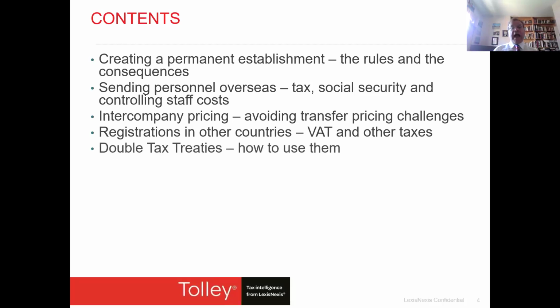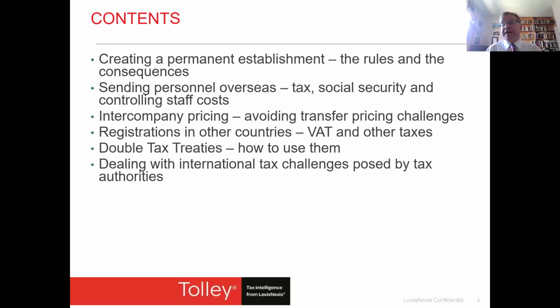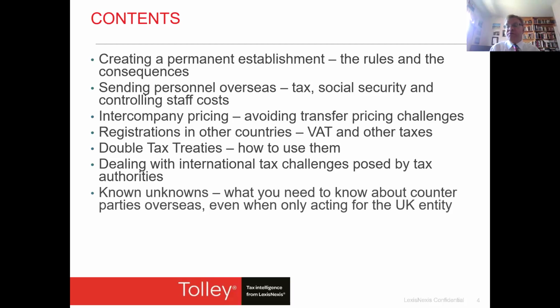We're going to look at double tax treaties and how to use them. We're going to look at dealing with international tax challenges posed by tax authorities. And finally, we're going to look at known unknowns. What do you need to know about counterparties overseas even when only acting for the UK entity?